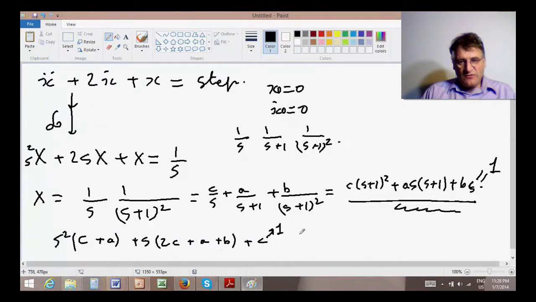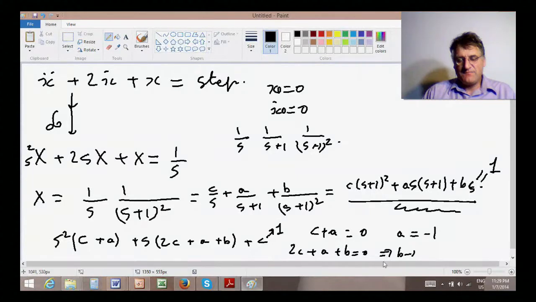Now if c is equal to 1 and c plus a must be equal to 0, that means a must be equal to minus 1. Now 2c plus a plus b must also be equal to 0. So 2c is 2, plus a is 1, and so you get that b is equal to minus 1.